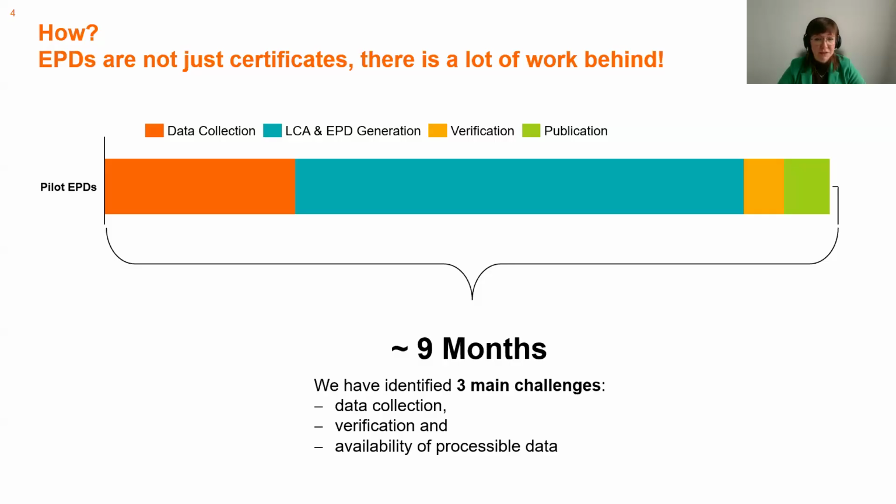Then we went through verification, and as EPDs are a growing demand, not just in the lighting industry, there is a limited number of verifiers available on the market. So this will be, or is already, a bottleneck. And then also the availability of processable data, not just the input data, but also output data, the results of the global warming potential and other environmental impact indicators to be used in other processes behind.